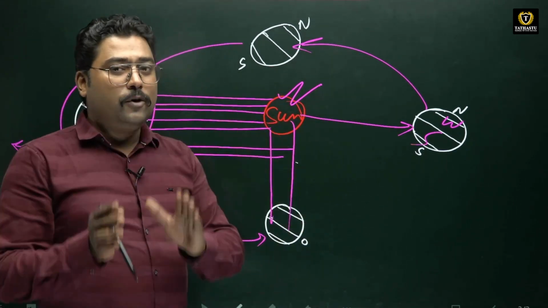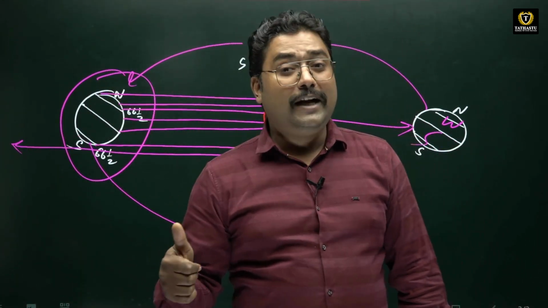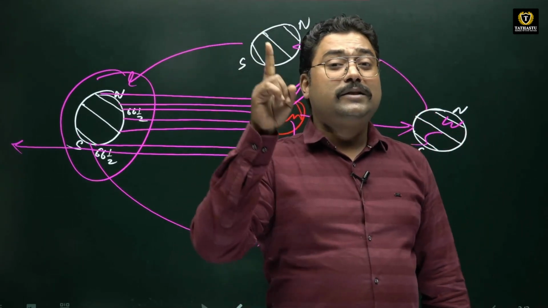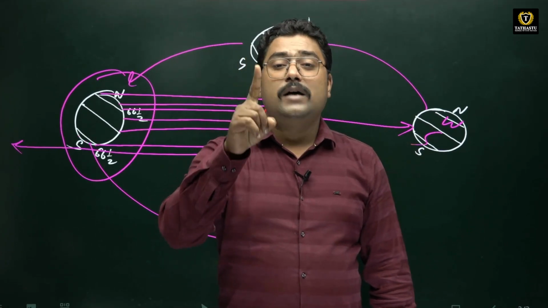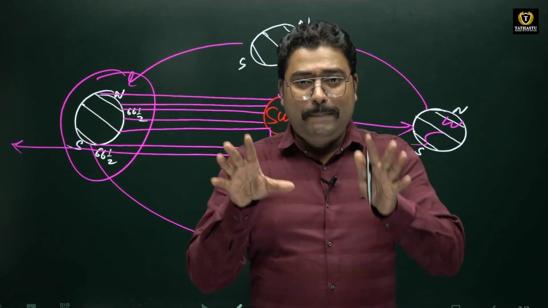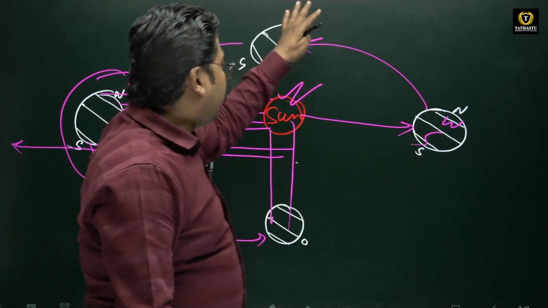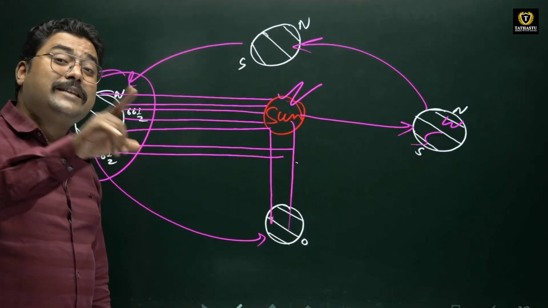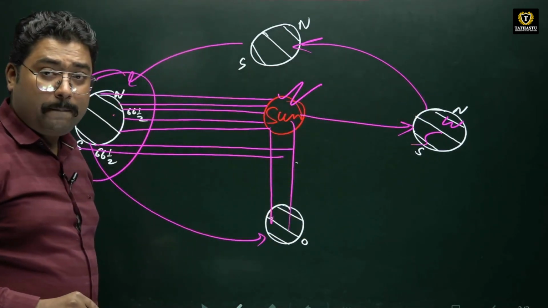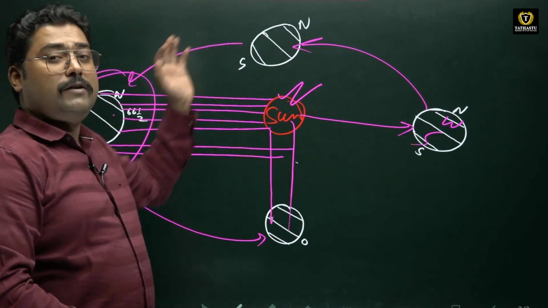Now if we take the opposite, if the earth were straight or had not tilted, the length of day and night would be equal, and there would be only one season on earth, that will be summer. Now the question comes, why not two? So basically on a practical basis there are two seasons only, summer and winter. Autumn and spring are the transitional seasons, means from summer when the north will move towards winter, it will experience autumn, and from winter when it will move towards summer, it will experience spring.